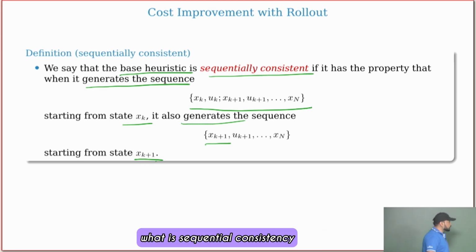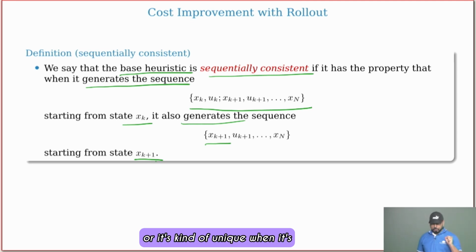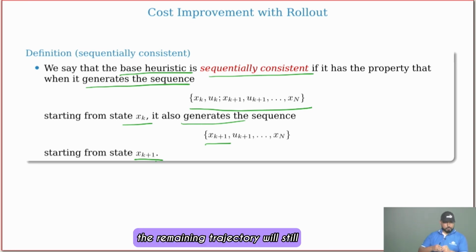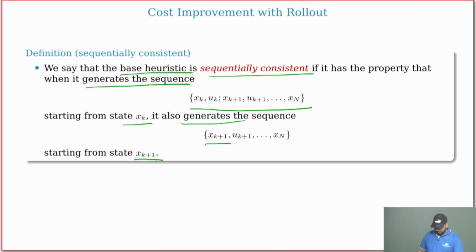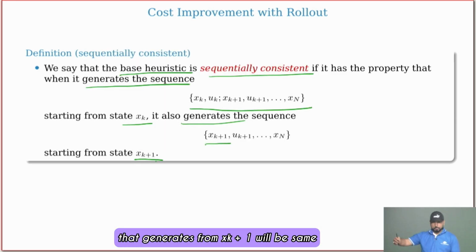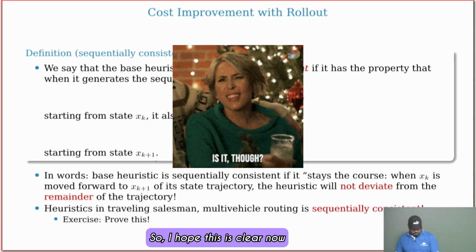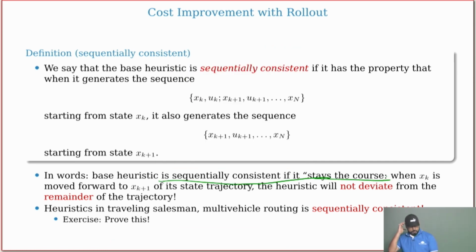I hope you understand what sequential consistency is. It means that your base heuristic is kind of deterministic: once a base policy generates a trajectory, then regardless of where it starts, the remaining trajectory will still follow the one you got starting from k onwards, and the trajectory generated from xk plus 1 will be the same for that time duration. So I hope this is clear now. Basically, in words, a base heuristic is sequentially consistent if it stays on course.